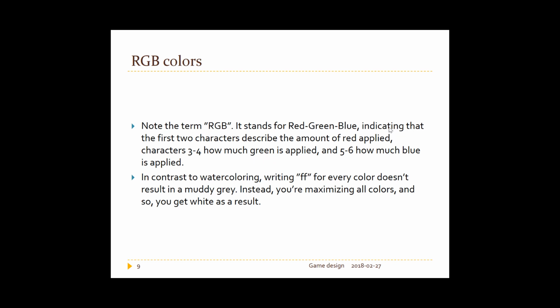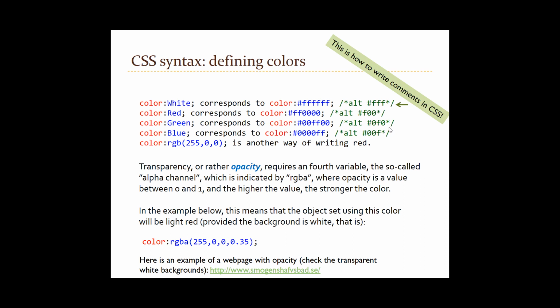So, once again, if you maximize all colors, you will get white, as you see here. Color white, well, in CSS you can write color white, but you could also write hashtag and 6 Fs, or just 3 Fs as a shorthand, meaning that each of the Fs represent R, G, and B in this case.